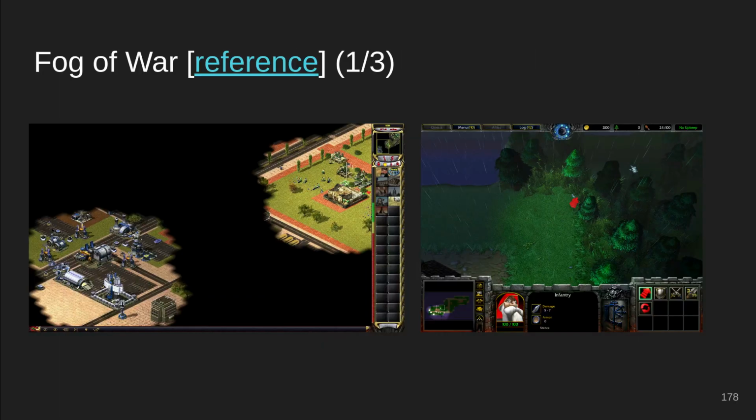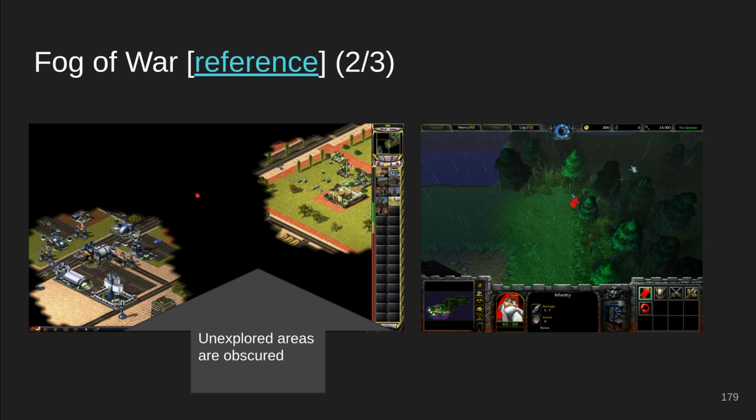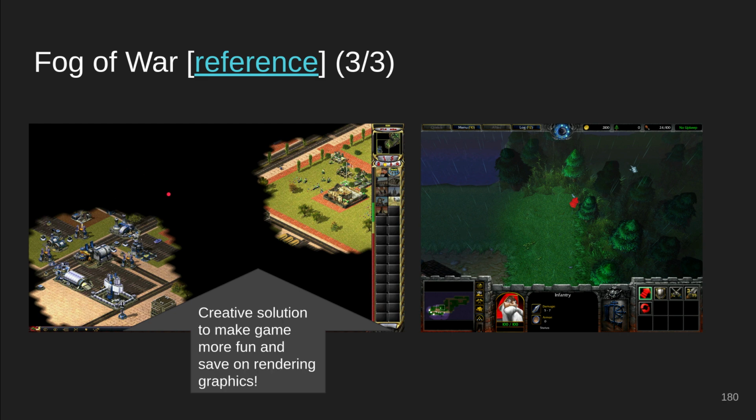And then we've seen stuff, if you've played some of these games, like this is Warcraft or some real-time strategy games, they have what's called the Fog of War here. And Fog of War was not only an interesting game mechanic, which hides areas that you haven't explored, but it was also a performance optimization where they could hide resources that hadn't been seen yet, so they didn't have to load them.